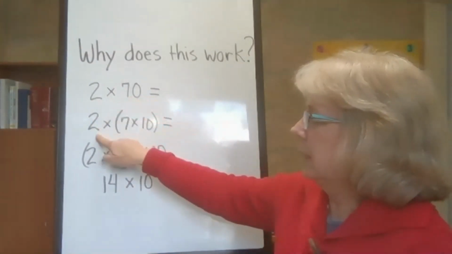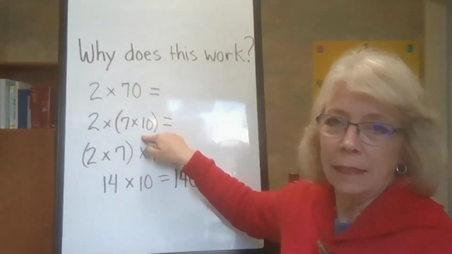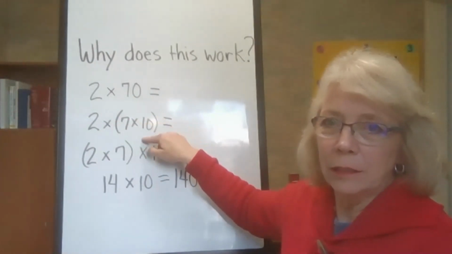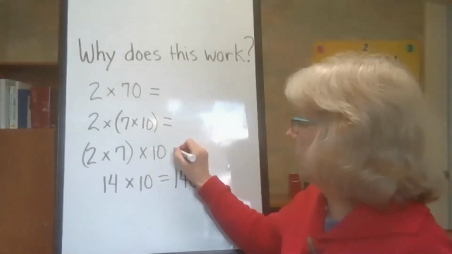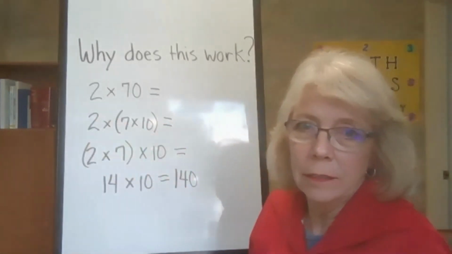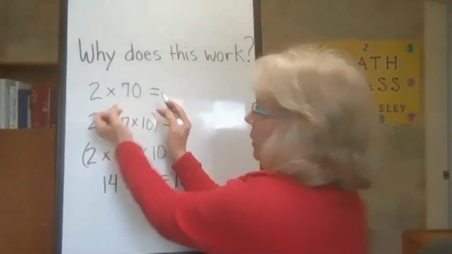2 times 70 is the same as 2 times 7 times 10. This shows this in parentheses, and by the associative property, we know that in multiplication, we can change which groupings we use when all the numbers are being multiplied. So this is the same as changing these parentheses over here.